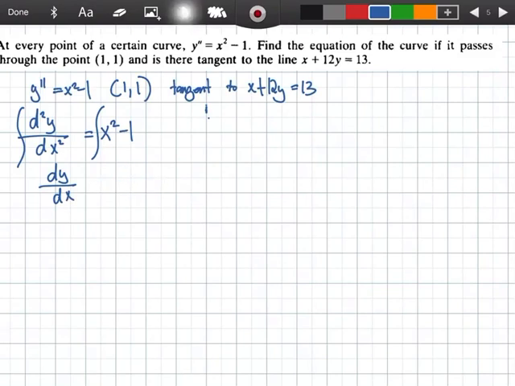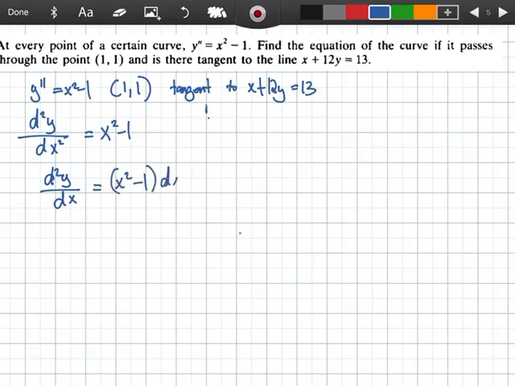Okay, wait, let me record again. So, x squared minus 1 is d squared y over dx squared, I'll put one dx here.